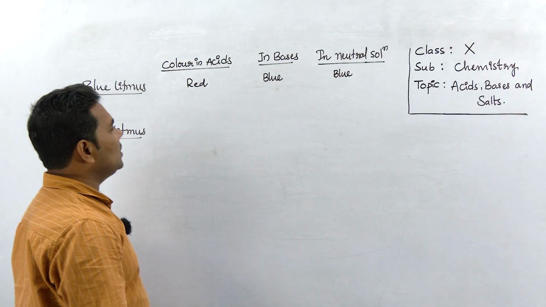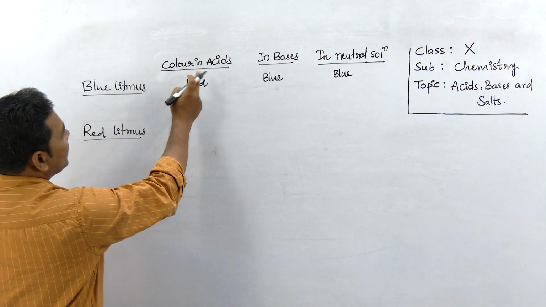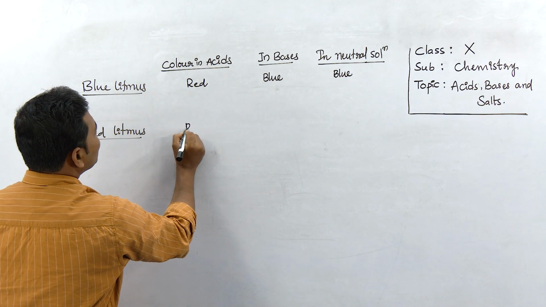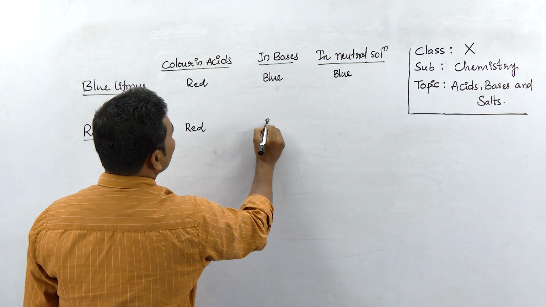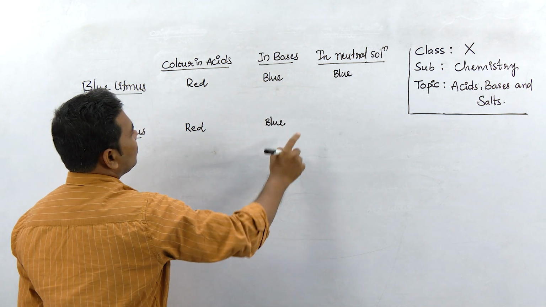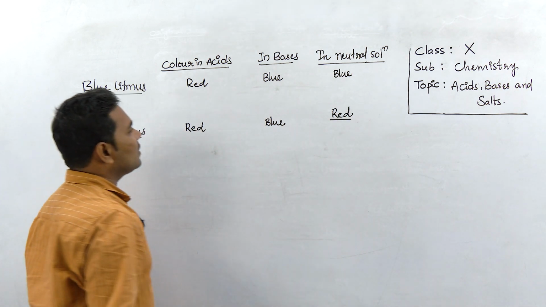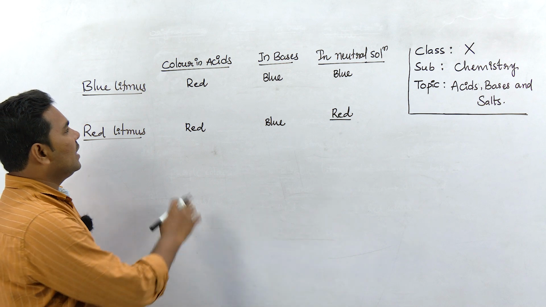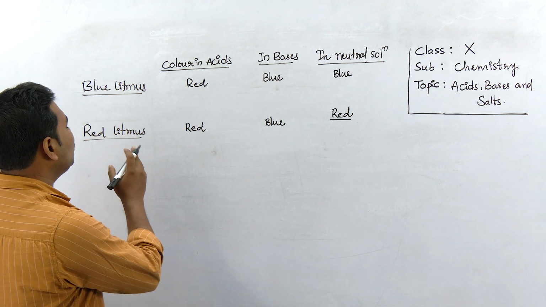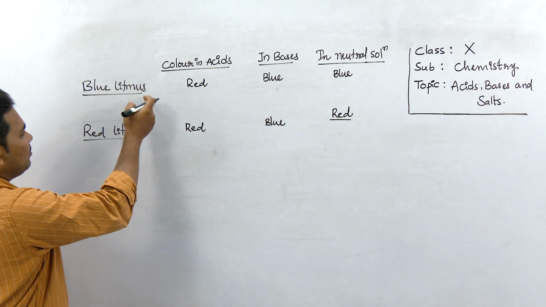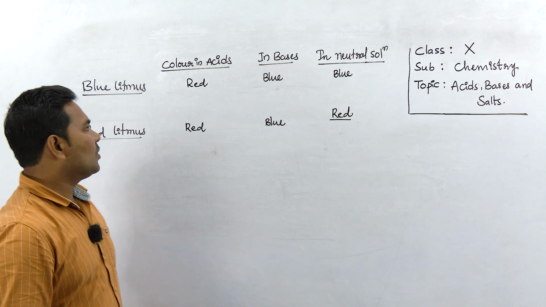Neutral solutions cannot change the color of litmus. Red litmus in acids remains red. Red litmus with bases turns to blue color. In neutral solutions, red litmus remains red. These are the different color changes that we see to identify the nature of the solution using the two types of litmus: blue litmus and red litmus.